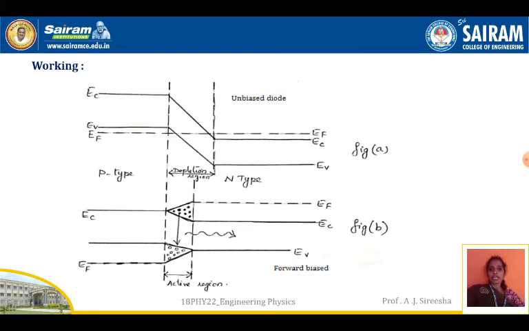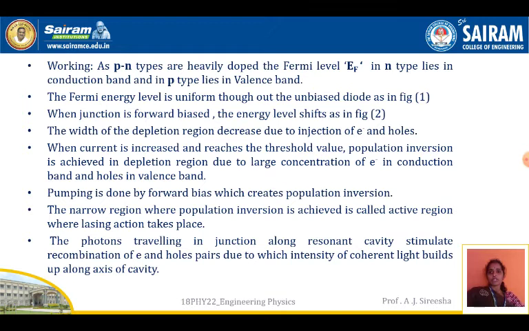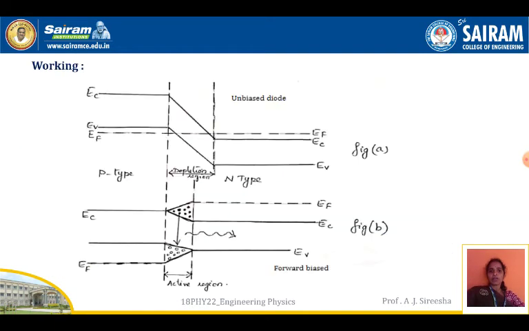The Fermi energy level is uniform throughout the unbiased diode in figure 1. The Fermi energy level is uniformly spread in the valence band in the P-type and in the conduction band in the N-type, and this is the energy level diagram for an unbiased diode.